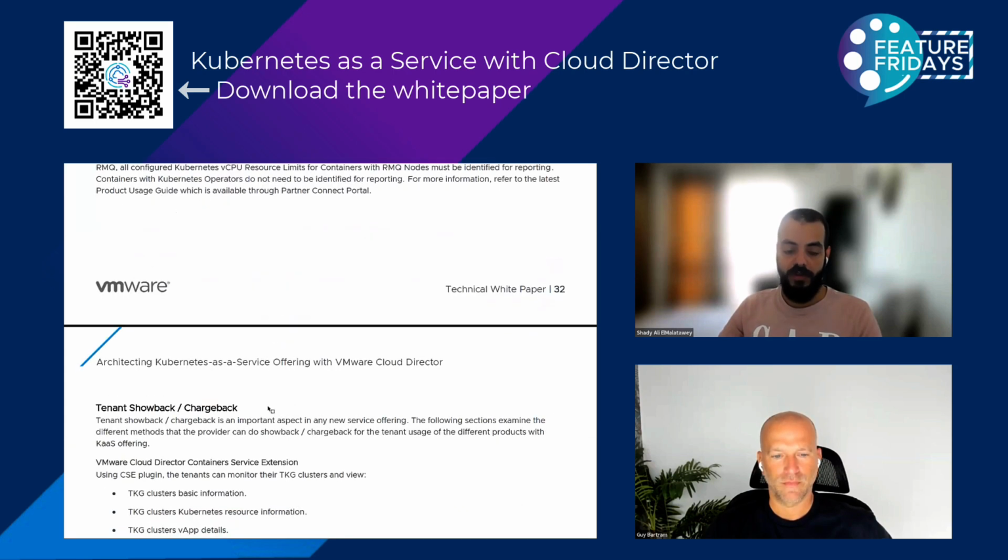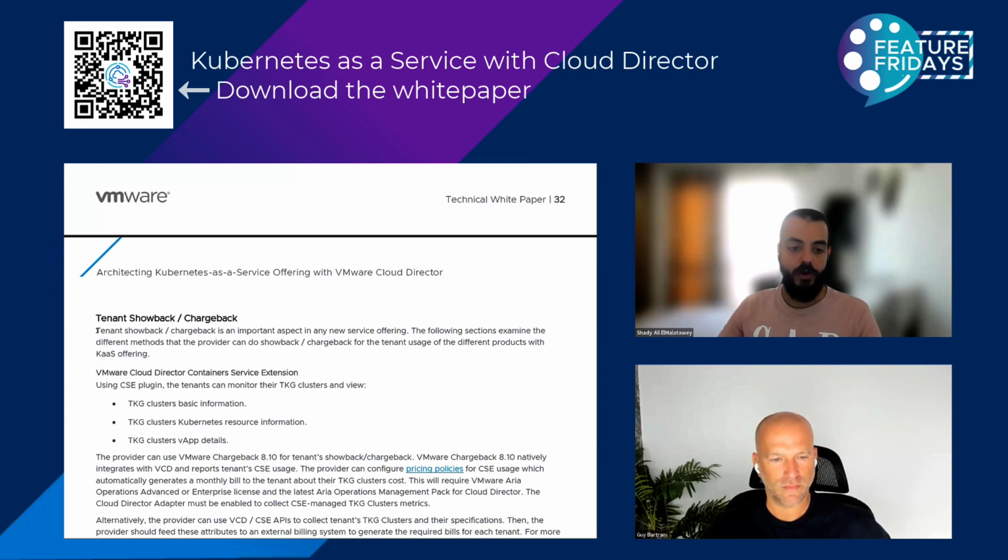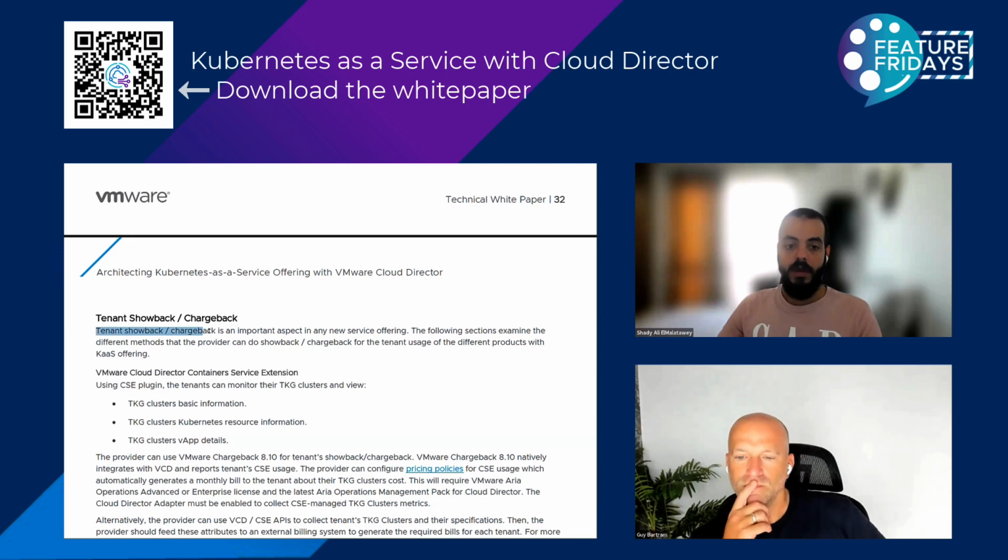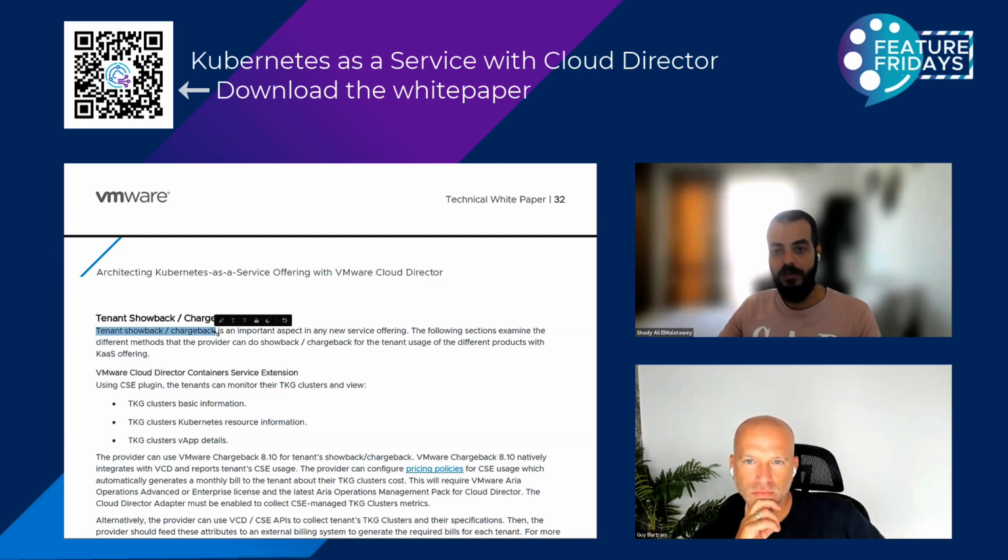But the section that I want to focus on is the chargeback, right? Because in the end, our cloud partners are doing all of these innovations and services because there is a revenue, a return of investment out of it. And tenant chargeback is the core piece for the return of investment. How the provider can do tenant chargeback and showback for each of these products.